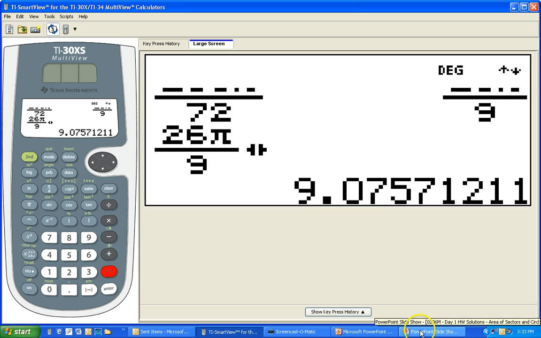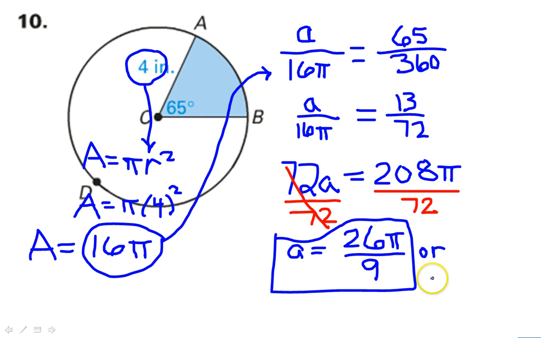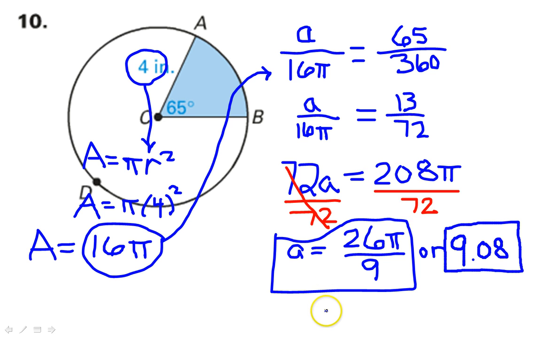I don't get how you get the first form, the exact form. Did you understand how I got the 208 pi over 72? Wait, so you had 208 pi over 72, why did you get a 16 pi? Did you square 4? Yes, that's here on the left-hand side.